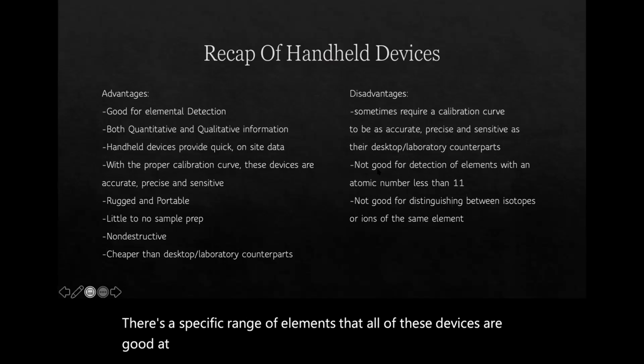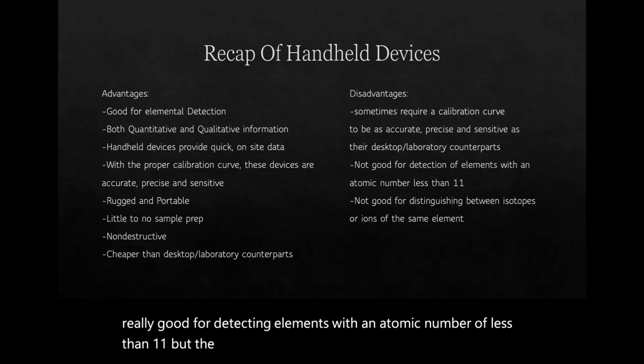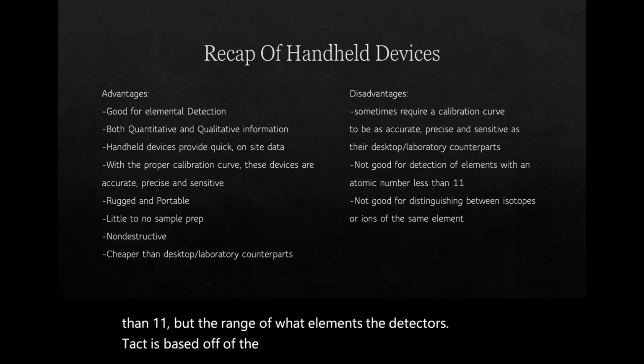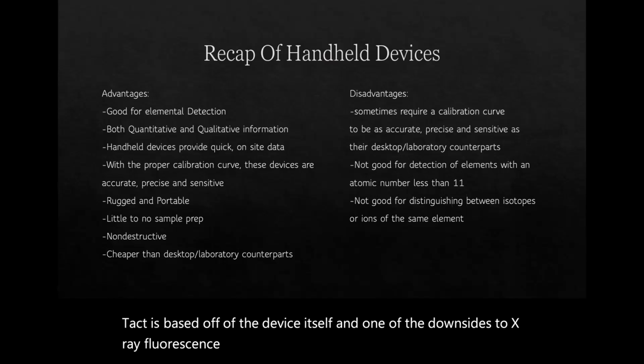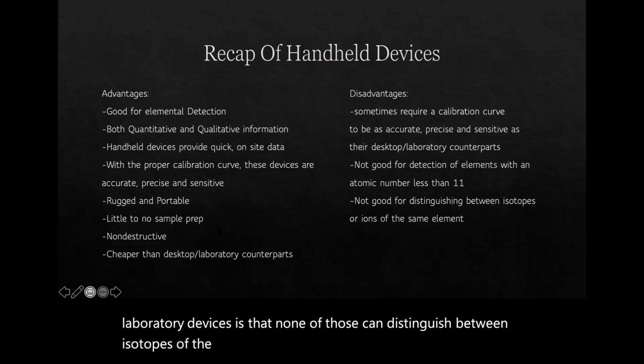Some of these handheld devices are not really good for detecting elements with an atomic number of less than 11, but the range of elements the detectors can detect is based on the device itself. And one of the downsides to X-ray fluorescence in general, not just the handheld or the laboratory devices, is that none of them can distinguish between isotopes of the same element or ions of the same element.